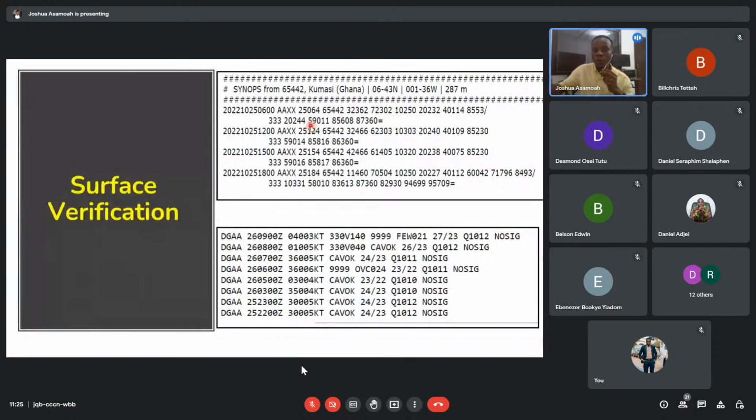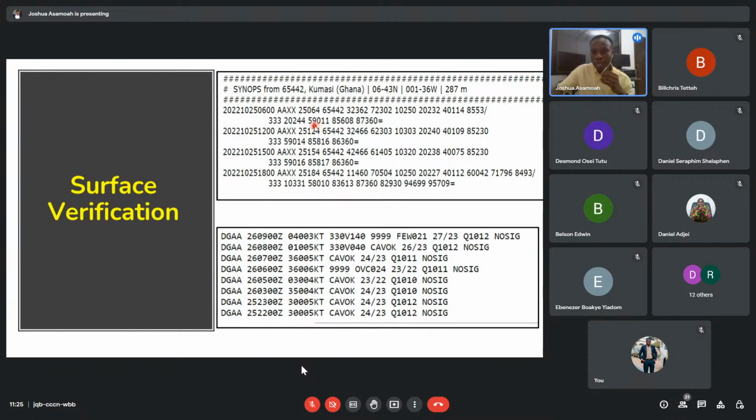Yeah. And then this one will tell you the pressure difference. So 59011 is just comparing the pressure for the past 24 hours. So this is at 06. If you pick 06 the previous day and the pressure at that particular time, the difference between them is 011. But 9 here is telling you it is negative. If you see 8, it means it is positive.